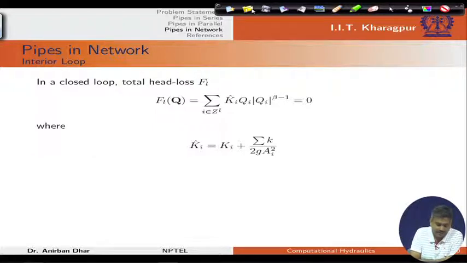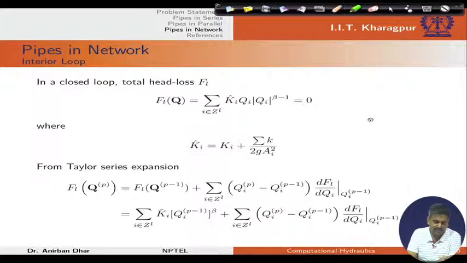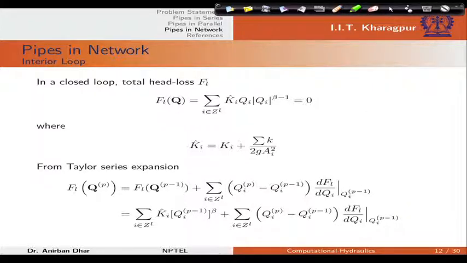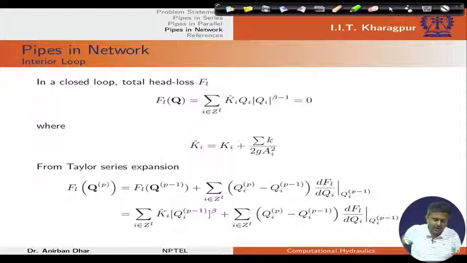In this case again this Ki hat, this is Ki plus this quantity is again different losses. Now, from Taylor series expansion, this particular portion is important because we have utilized a similar concept during Newton-Raphson calculation. So, what is Newton-Raphson?